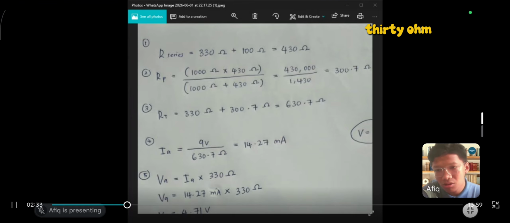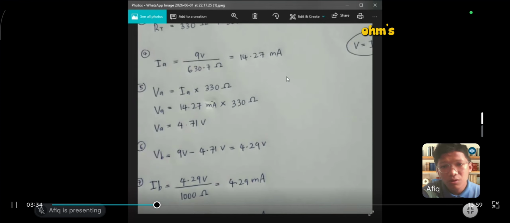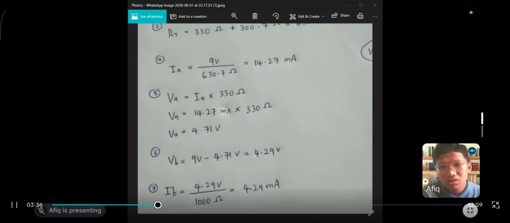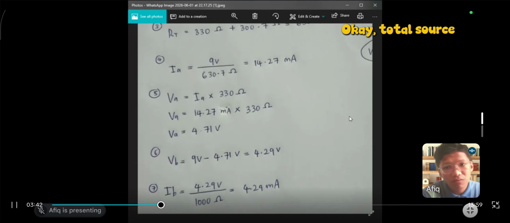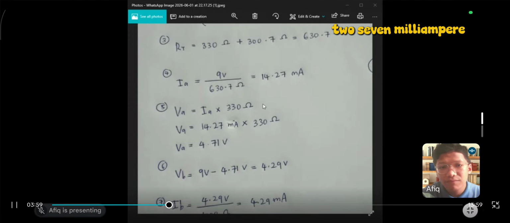Okay, now we are solving for current and voltage. With our total resistance locked in, we can use Ohm's law to extract our target parameters. So step 1, we need to find IA first. The total source current is V series divided by RT, which is 9 volt divided by 630.7 ohm, equal to 14.27 milliampere.